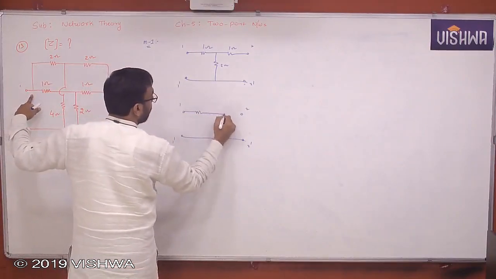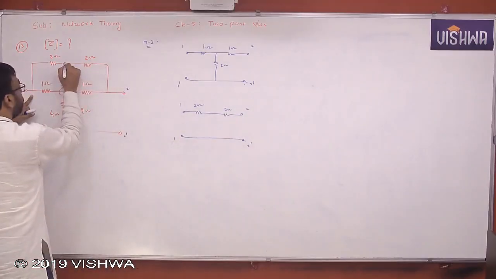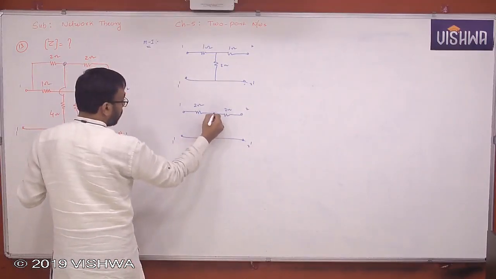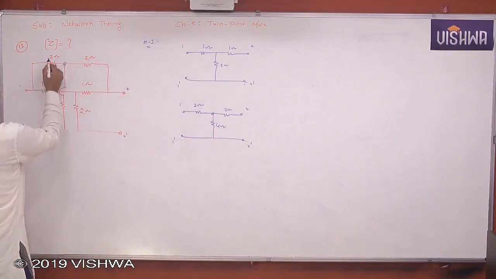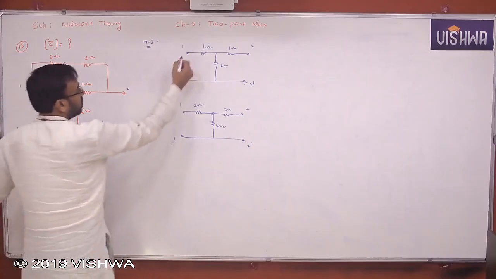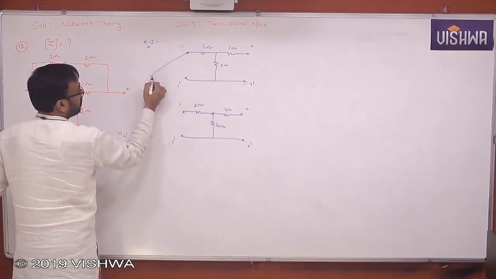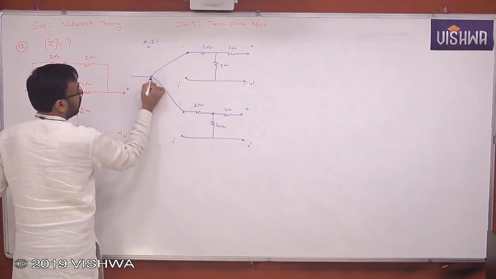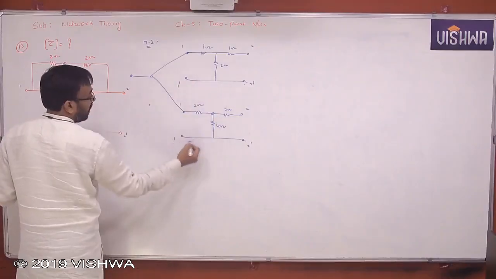The other two-port network I am taking. 2 ohm, 2 ohm. And in the mid of this, you connected between these 2 points, 4 ohm. But already this 2 is connected to 1. That means this 1 and 2 must be connected. So let me take here like this. They are connected. Okay. Already 1 dash, 2 dash and 1 dash, 2 dash are zero potential.